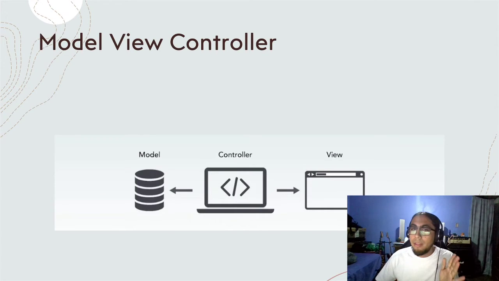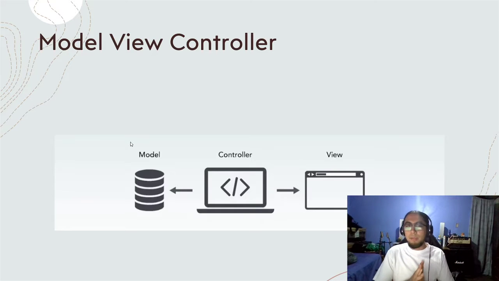This model defines an application with three logic layers. The business layer is the model logic, the display layer is the view logic, and the input control is the control logic.